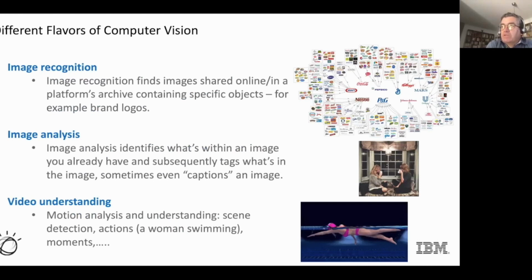There is an application that can help you become a botanist in a very easy way. You just take a picture of a plant and you get the name of the plant, which is sometimes very difficult even for a good botanist. So image recognition helps you recognize and analyze what's in an image based upon the model, and we'll see what it means for the tool Watson visual recognition.